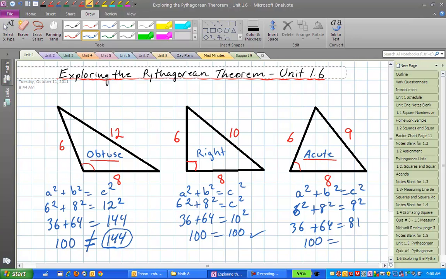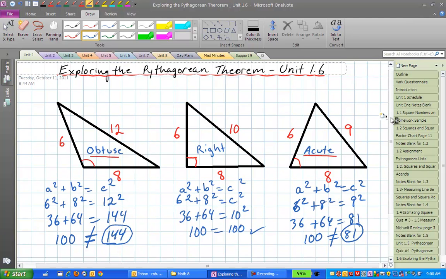We have 100 equals 81, and we say no, it doesn't equal 81. Therefore, the Pythagorean theorem doesn't work. And if we notice, 81, the square of the longest side, is less than the combined squares of the two shorter sides. So we know if it's less, it's an acute triangle. All right?